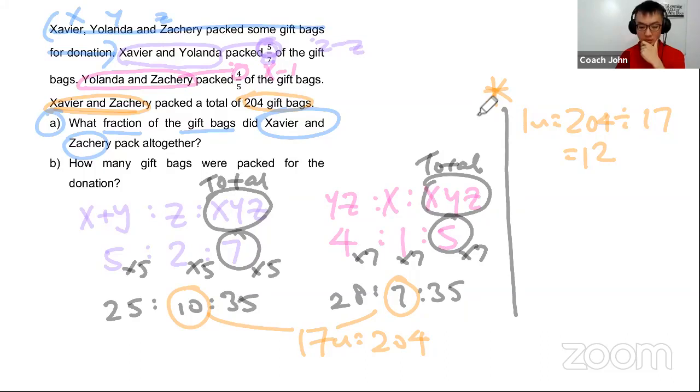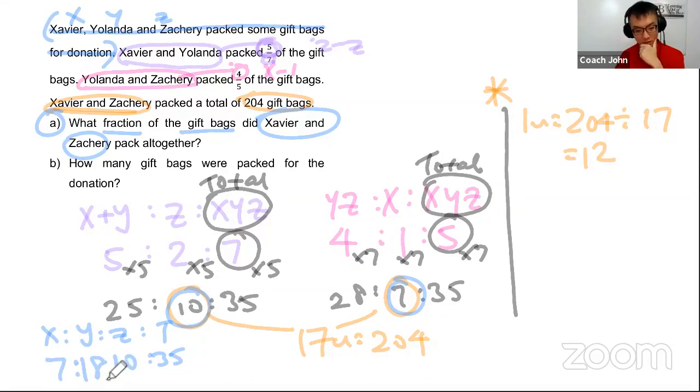Let me squeeze in here x, y, z, and this is a total. So z is 10, total is 35, x is 7, leaving y as 18 because 35 minus 7 minus 10 is 18.